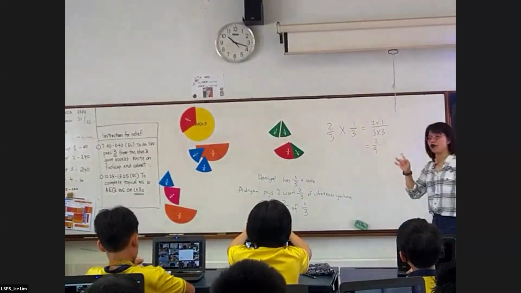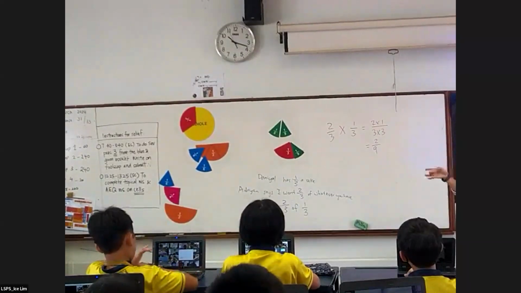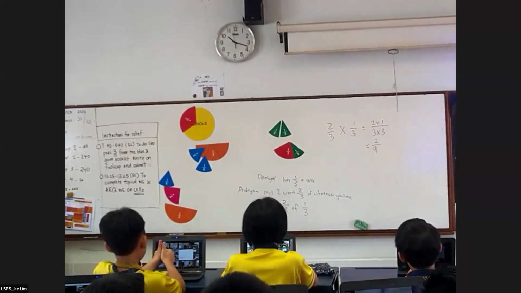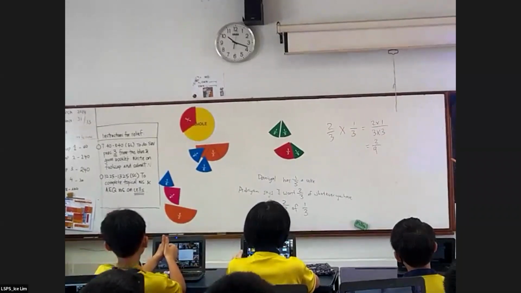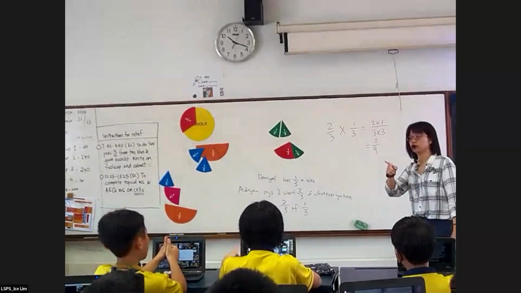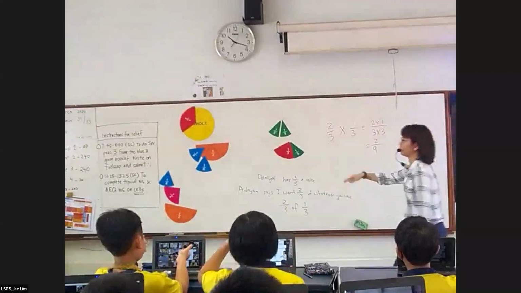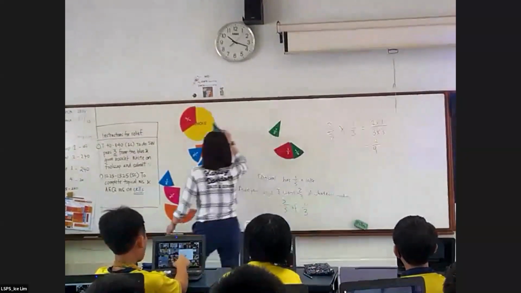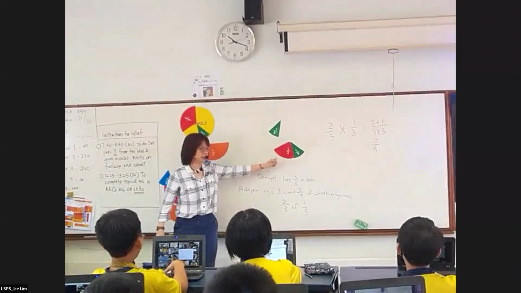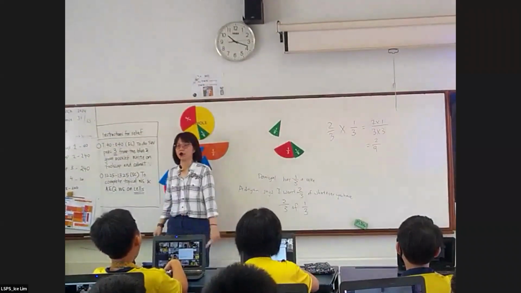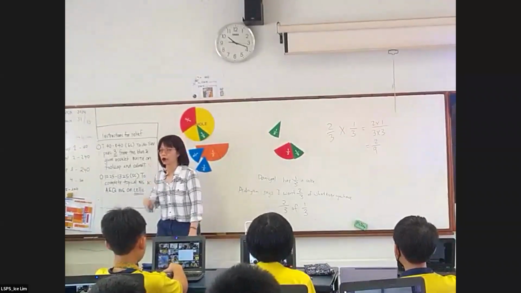But you realize that the denominator has changed to 9. So this denominator 9, what is it based on? Thank you. Who said that? Okay, very good. This 9 is based on the whole thing. It's not based on Daniel's cake anymore. Is that okay? Okay, good.